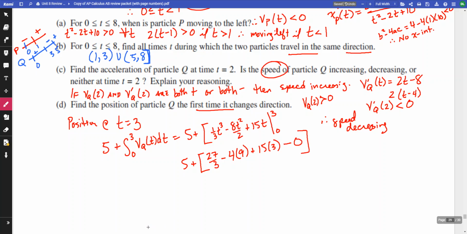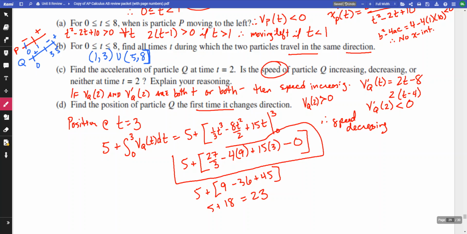That is the location of our particle. If I actually do that work, that's going to be 5 plus 27 over 3 is 9, minus 36 plus 45. So that's going to be 5 plus, looking through that, that's 18, and so 23. Position is 23, but satisfactory to give our answer there.